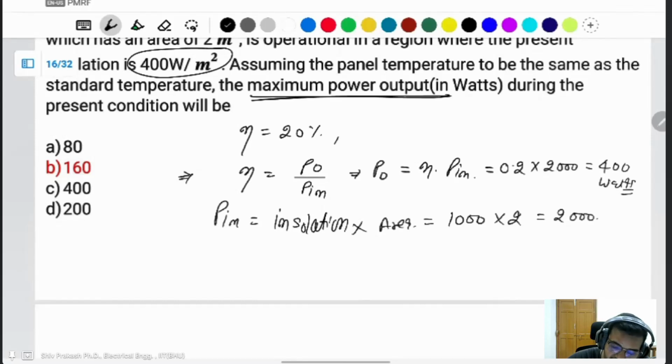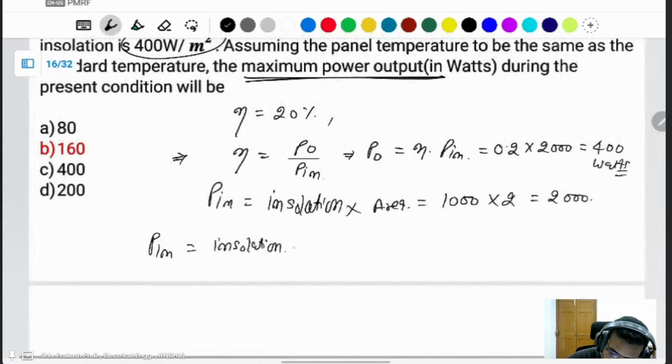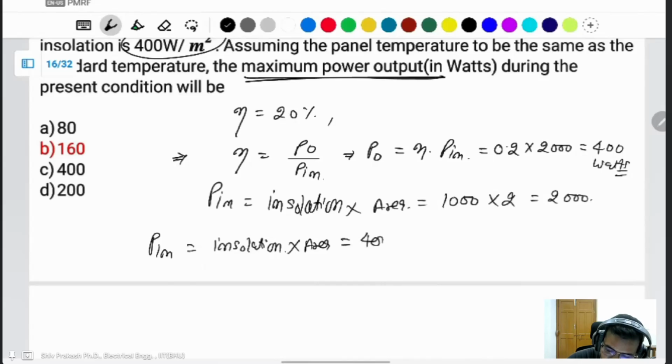Then in the second condition, when insolation is only 400 watt per meter square, what is the input power? Input power is insolation into area. Area is the same. Insolation is 400 watt per meter square and area is 2, so it will be 800 watt input power.